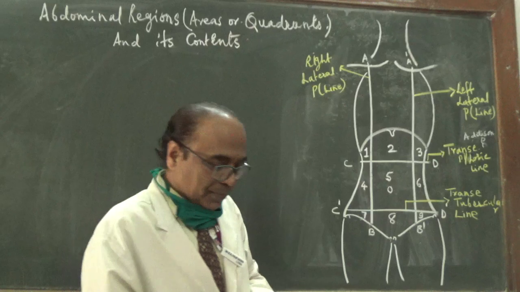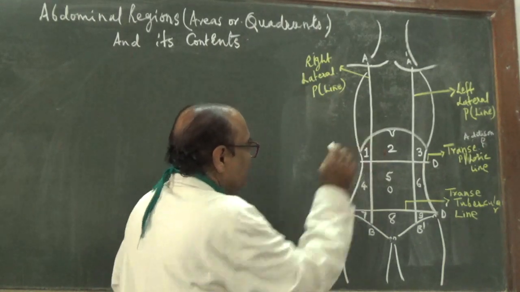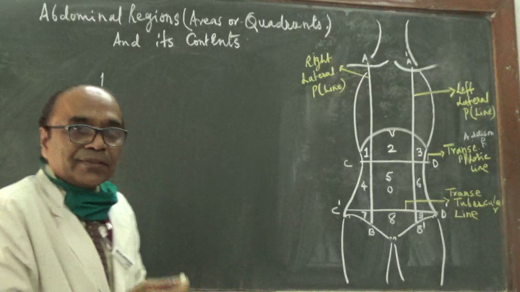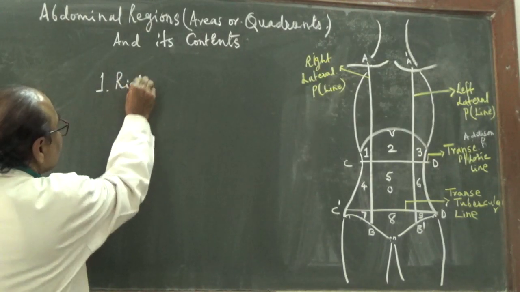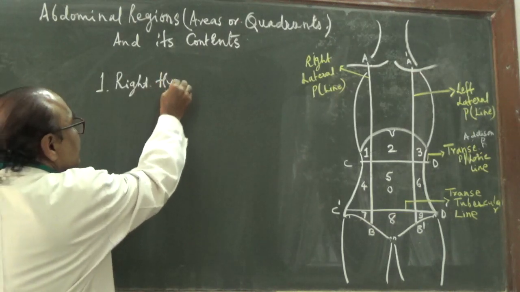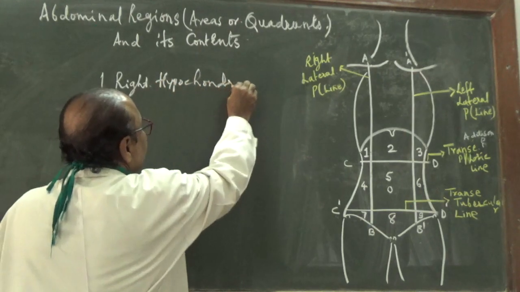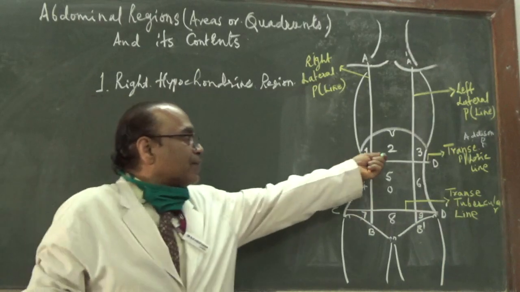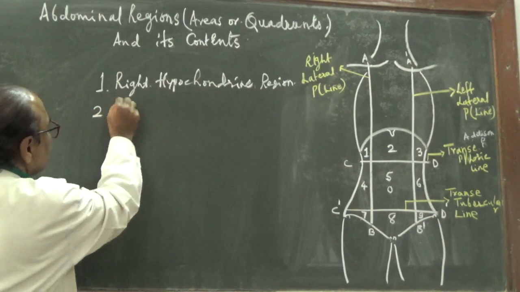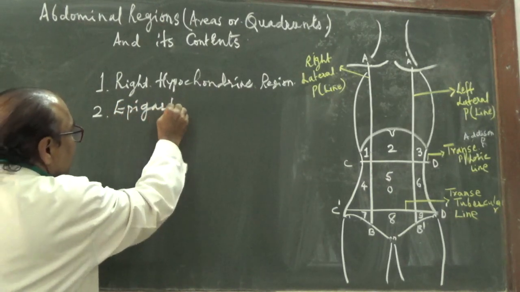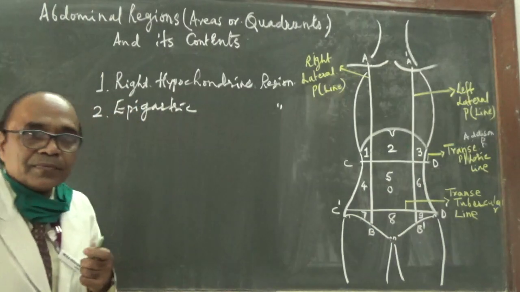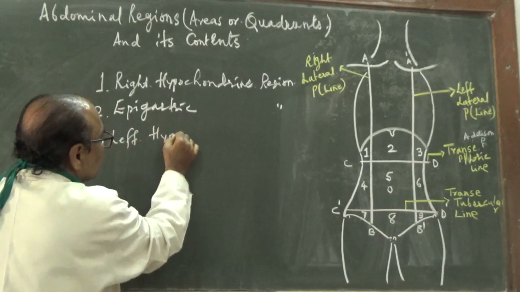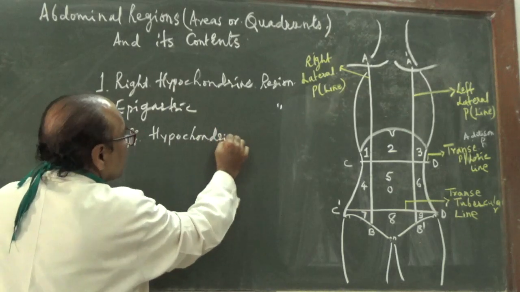Now those nine areas: number 1 is called the right hypochondriac region, whereas second is called the epigastric region. Third, left hypochondriac region.